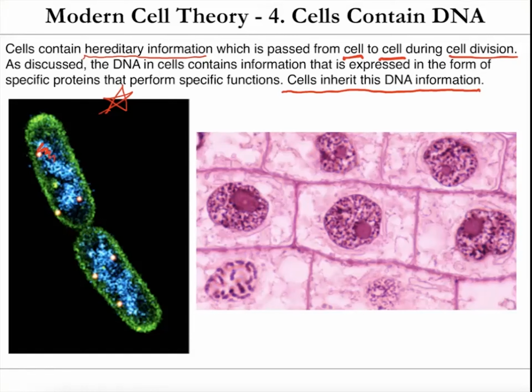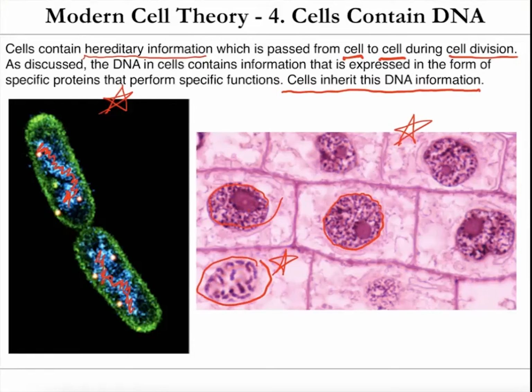You can see this blue is the staining of the DNA in these 2 cells, and you can see that they both contain that genetic information. And then here are some eukaryotic cells like we saw before. This genetic information is contained in the nucleus, and when these divide, as you can see, this one's in the process of starting to divide right here, they will pass that genetic information on to any cells that arise from that cell.